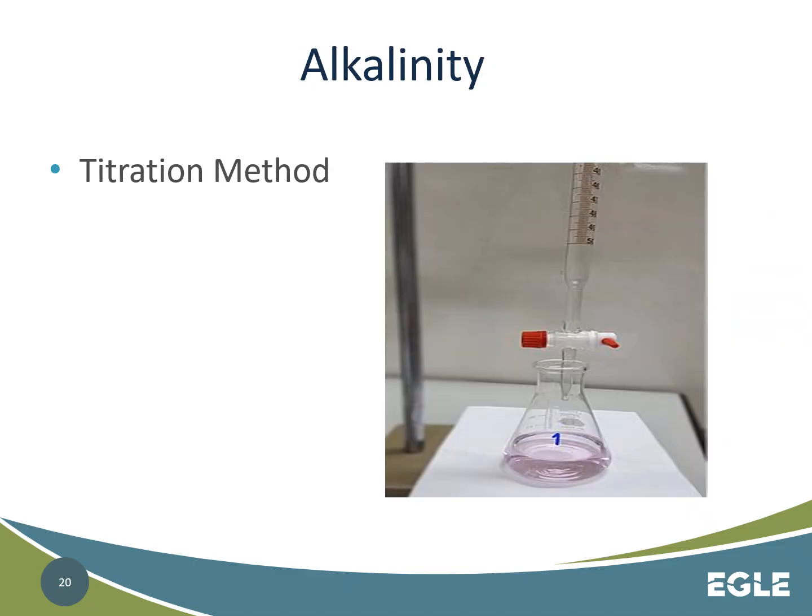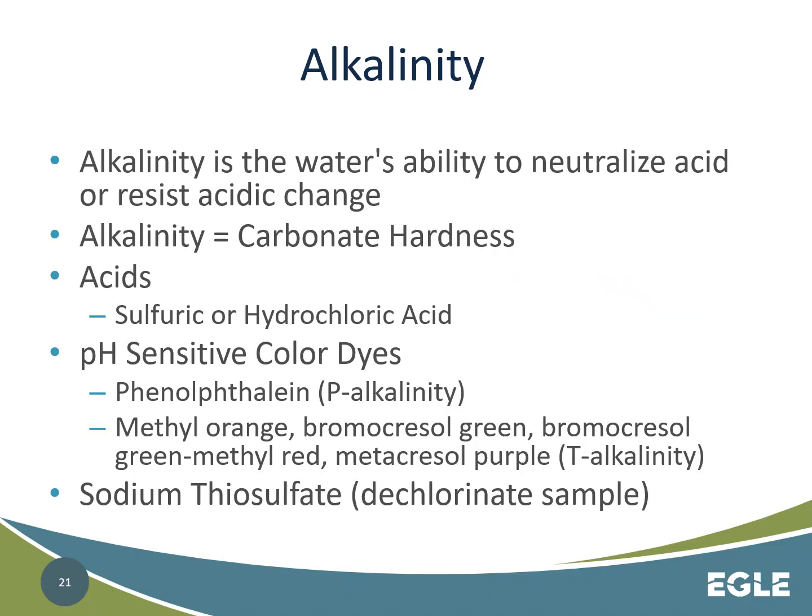The next thing we're going to talk about is alkalinity and the titration method. So an alkalinity titration is going to be using a burette for its titrant. Alkalinity, by definition, is the water's ability to neutralize an acid or resist acidic change. We talked a little bit about this in corrosion, but as a note, you cannot have a water with 0 alkalinity without it being corrosive.